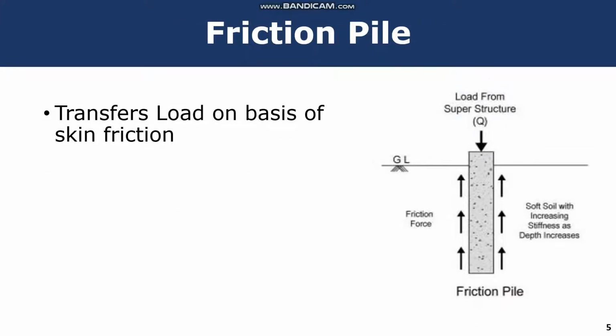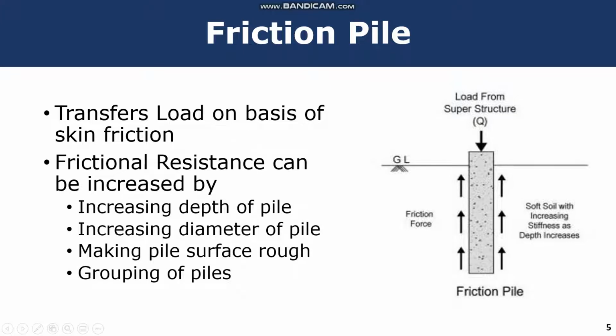And when we talk about the friction pile, it transfers load on the basis of skin friction between the pile surface and the surrounding soil. If you look at this pile, you see that there is friction between the pile surface and the surrounding soil. The greater this skin friction, the greater the load this pile will be able to take.